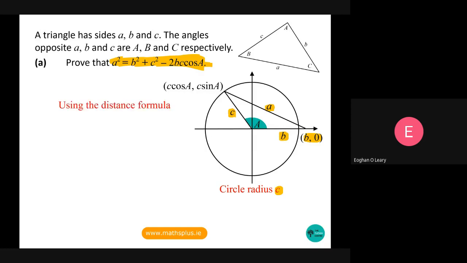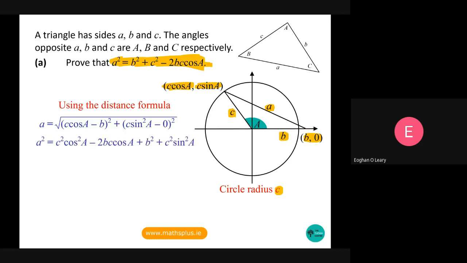What do we do? We use the distance formula to find the distance between (c cos A, c sin A) all the way down to (b, 0). We fill it in: x2 minus x1 squared plus y2 minus y1 squared. We square it out. So I'll start with the easier one.